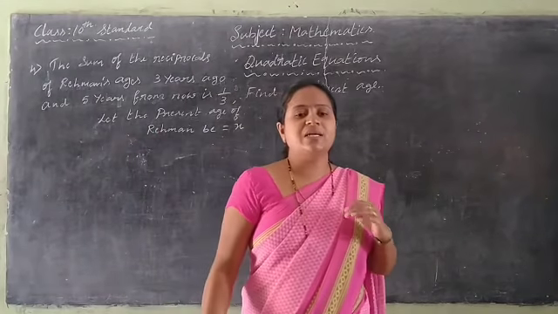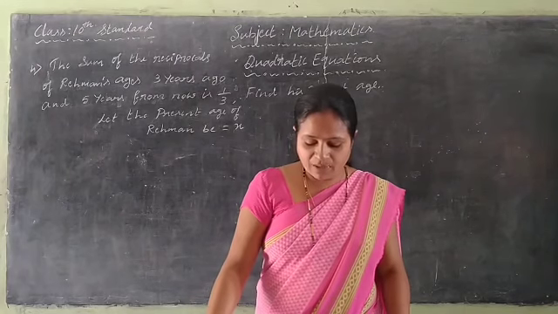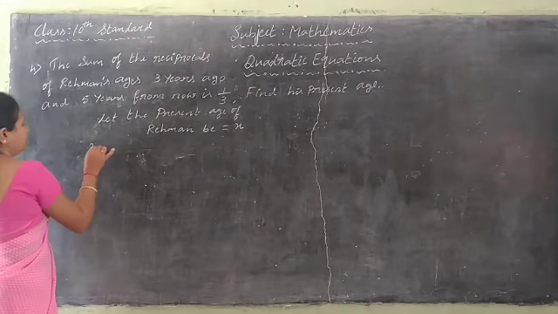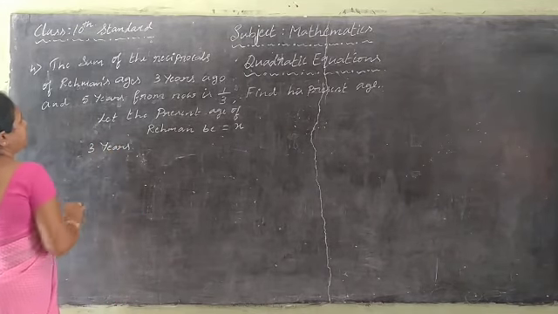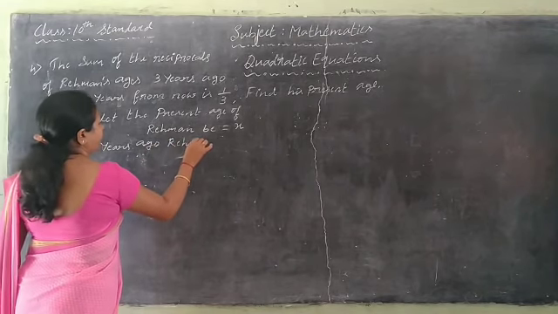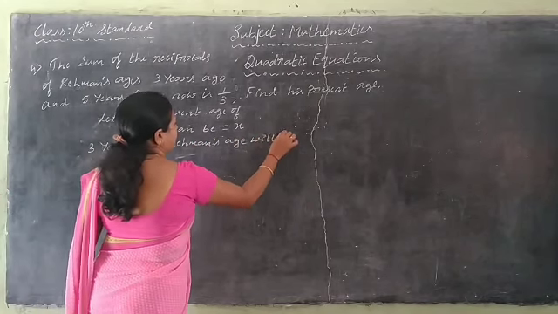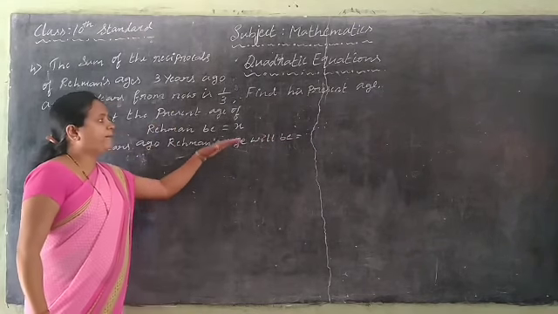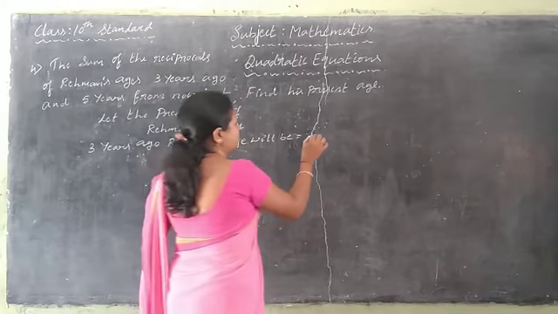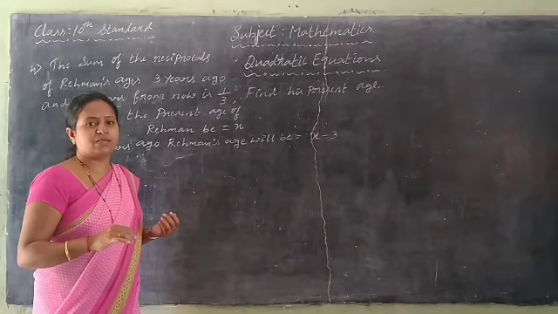And the question is telling that 3 years before, what will be the age of Rahman? See, children, present age we have considered as x, isn't it? 3 years before means it will be x minus 3. Understood? 3 years before means his age will be x minus 3.